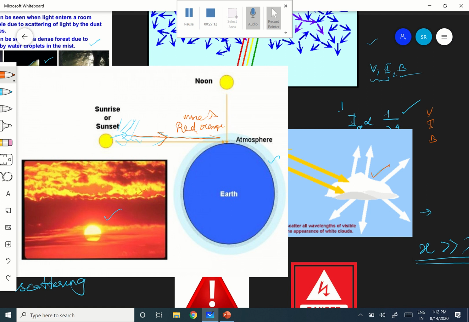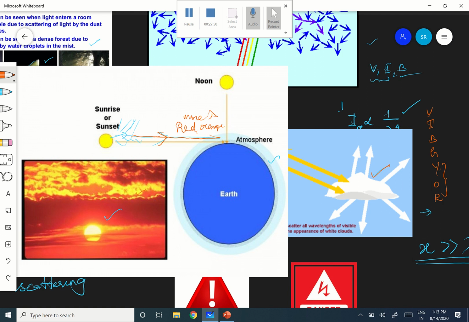Violet, indigo, blue, green, yellow, orange, red. These three, red, orange and yellow, are on the higher wavelength side, right? All the other lower wavelengths will be scattered in the outer atmosphere itself. So which color is successful in reaching our eye? Red, orange, and some part of yellow. That is why the sun appears slightly reddish, orangish during sunrise or sunset.